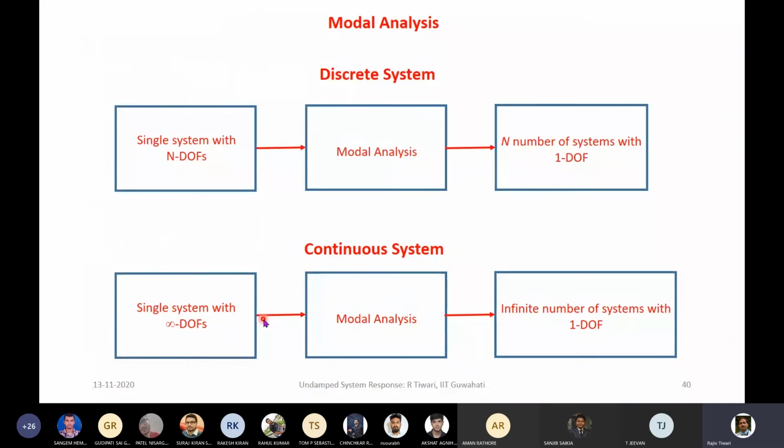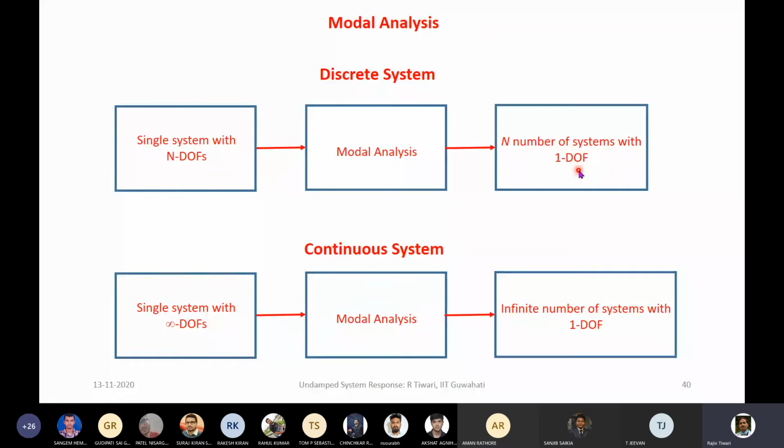So this is the modal analysis for discrete system and continuous system. In a discrete system, we have a single system with n degrees of freedom. They are coupled. Using modal analysis, we break them into n number of systems, each a 1 degree of freedom system.